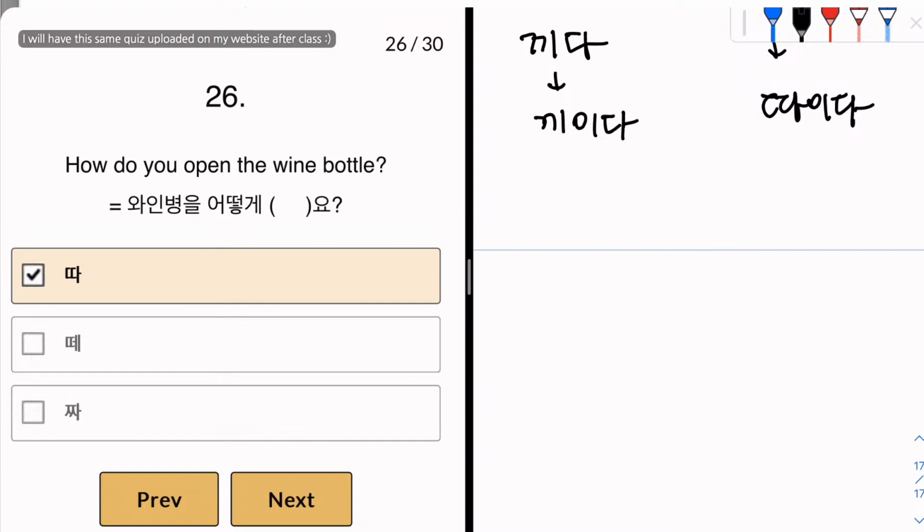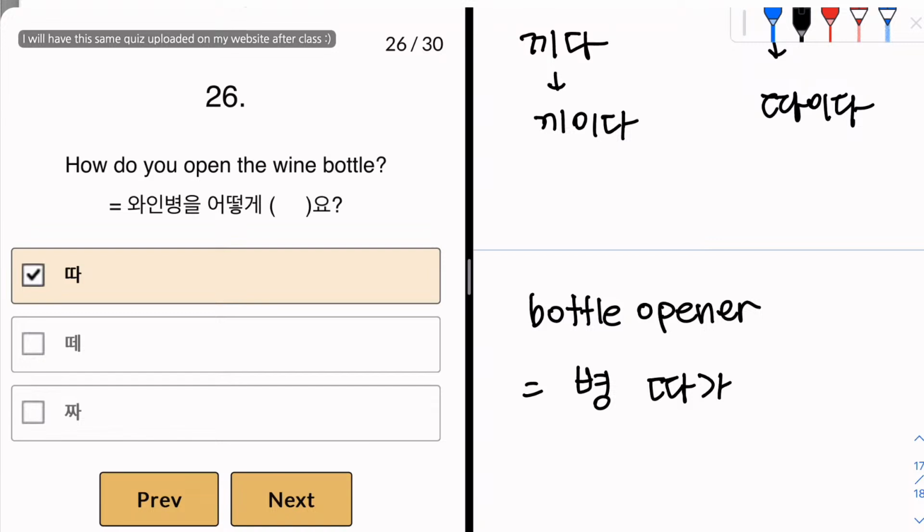And so if you want to say the bottle opener in Korean, you can literally say a bottle opening thing. 병 open 따다 개. So it means a thing that opens the bottle. 병 따개.